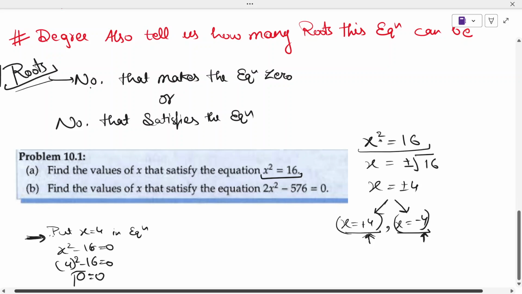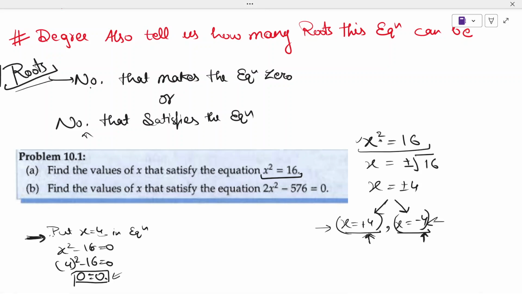This satisfies our condition that these numbers satisfy the equation, these numbers that make the equation 0. When we put 4, it makes this equation 0. So these are basically roots. These two are roots of this equation. They are also known as zeros. And they are also known as solutions.